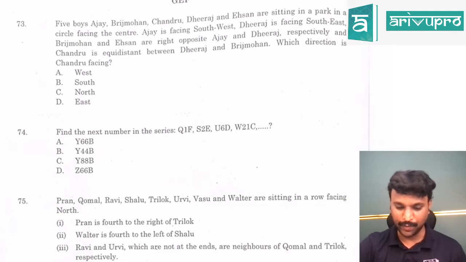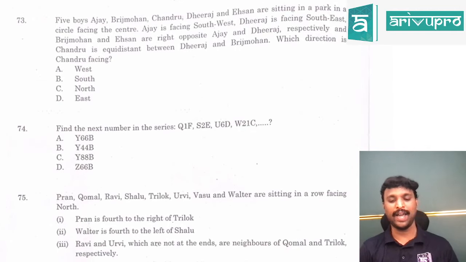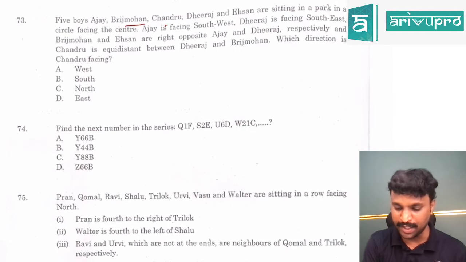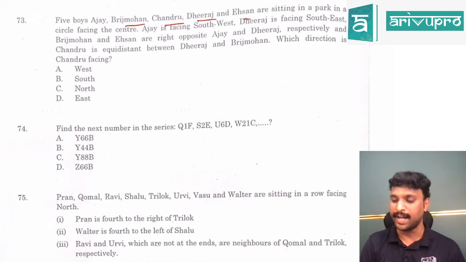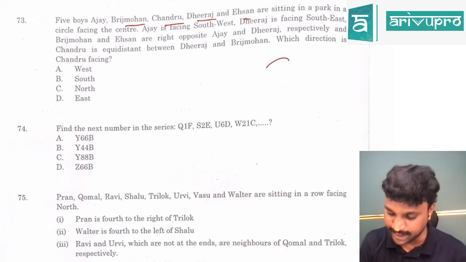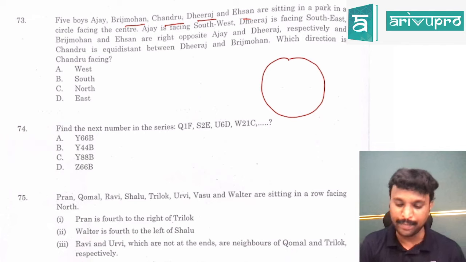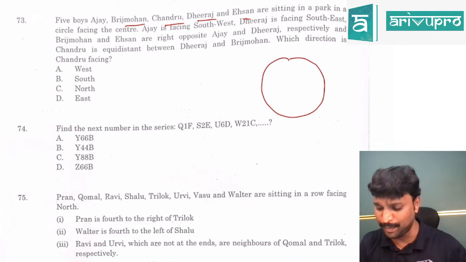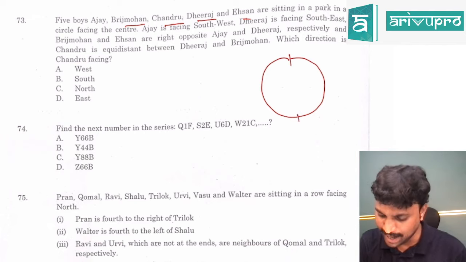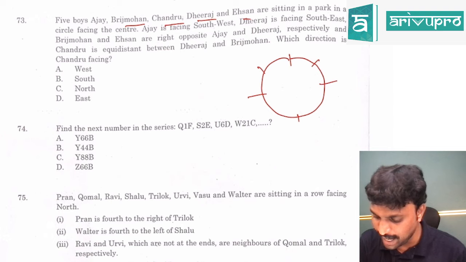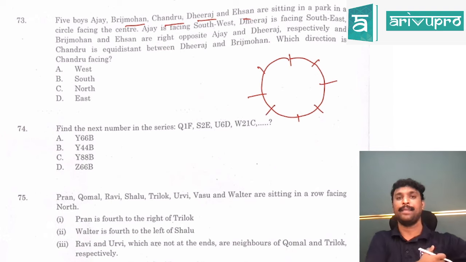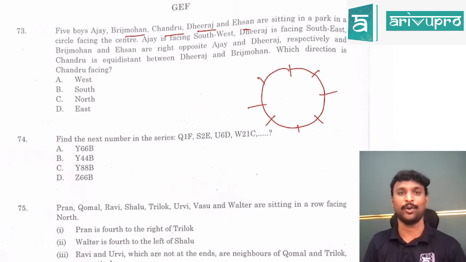Guys, look at the next question, 73rd. 5 boys, Ajay, Brij Mohan, Chandru, Dheeraj and Ehsan are sitting in a park in a circle facing the center. In a circle, how many boys? 5 boys. First of all, let's have all 8 directions, okay, because they are talking about southwest and all.